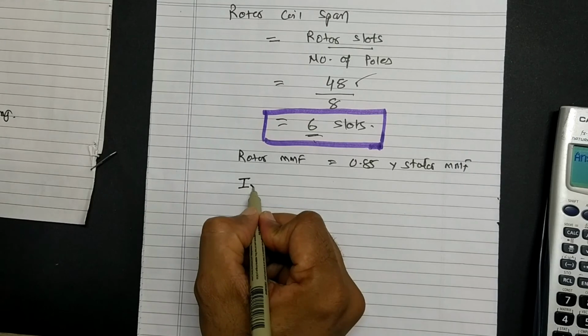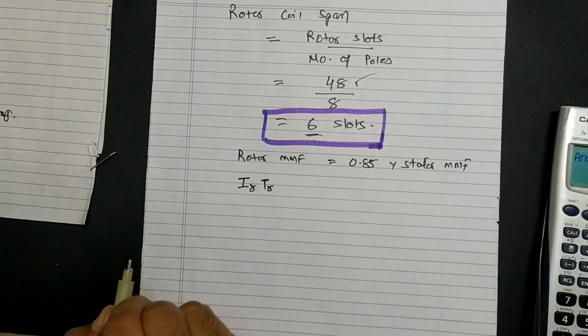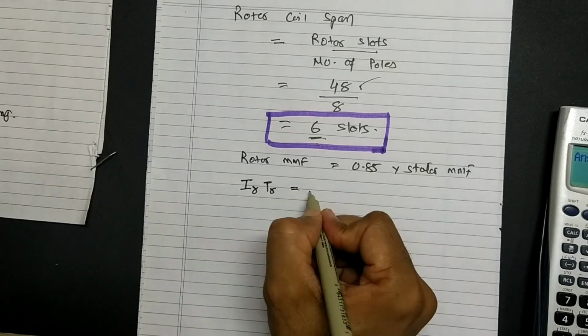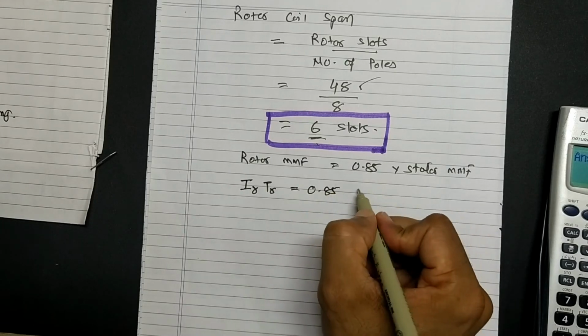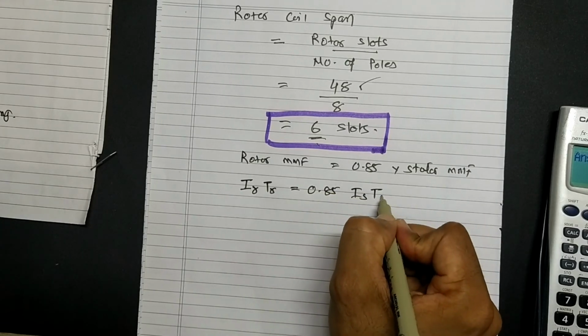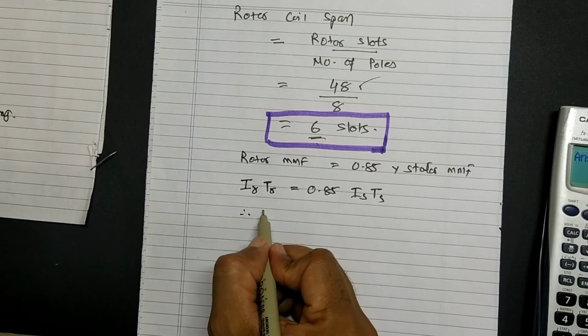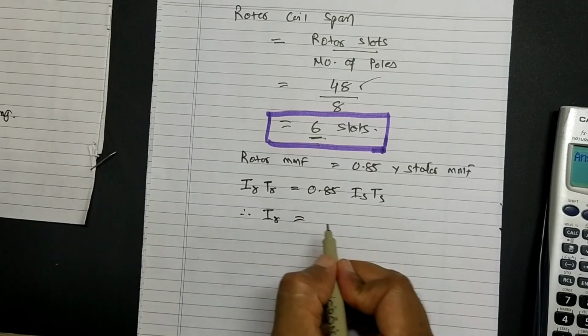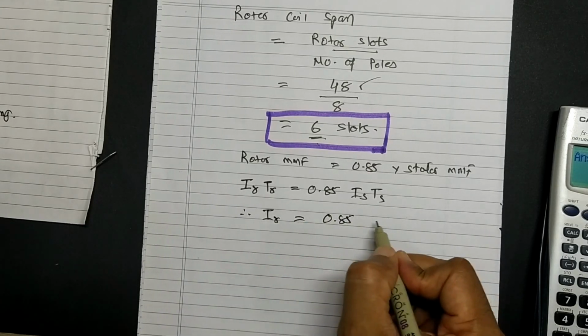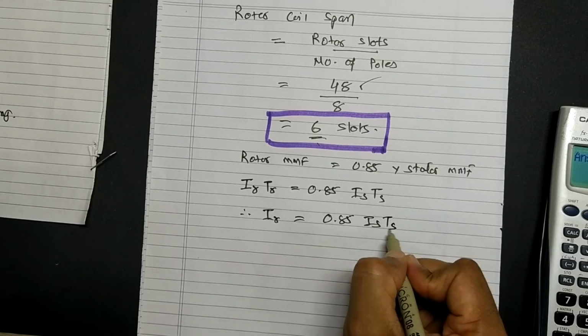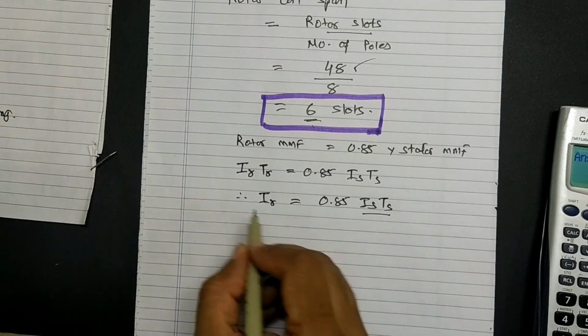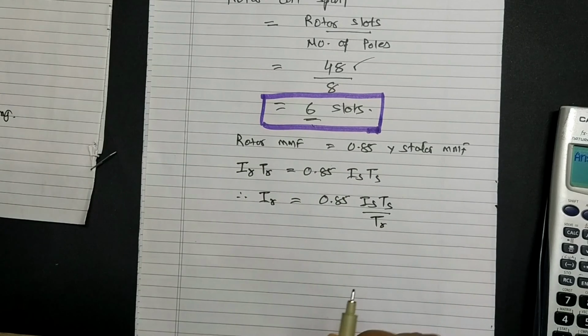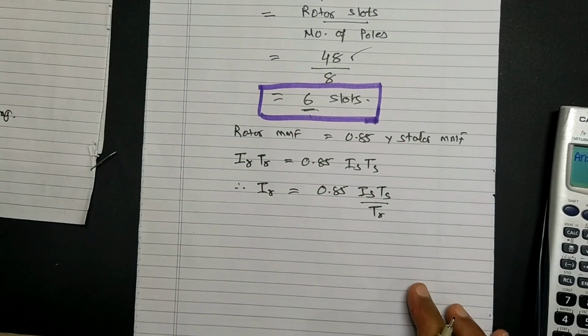So IR TR, that is rotor mmf, is 0.85 times IS TS, and therefore rotor current is 0.85 times IS TS, the stator values, divided by rotor turns.